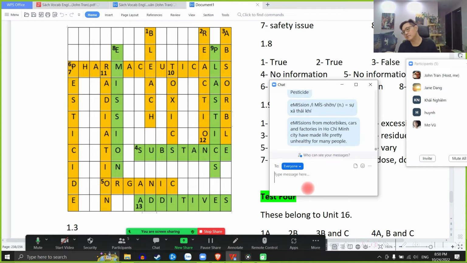Những sự xả thải khí từ những cái phương tiện đó nó gây ra làm cho cuộc sống nó khá là không lành mạnh, không khỏe đâu đối với nhiều người. Has made life pretty unhealthy for many people. Alright, next one, emission.